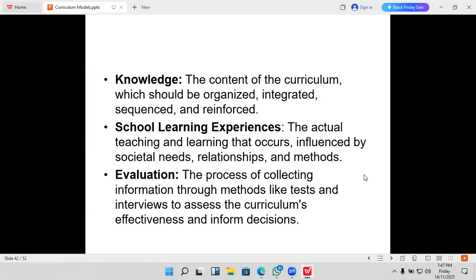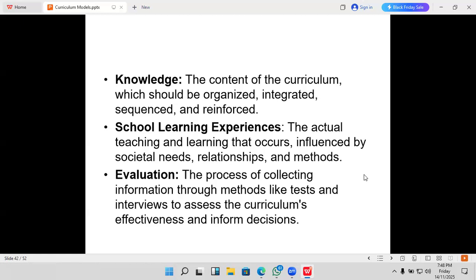There can be various reasons for that. Now we are going to discuss that, but Kerr gave the idea that subjects could be integrated. Subjects should be organized. There should be sequence. Some areas should be reinforced.